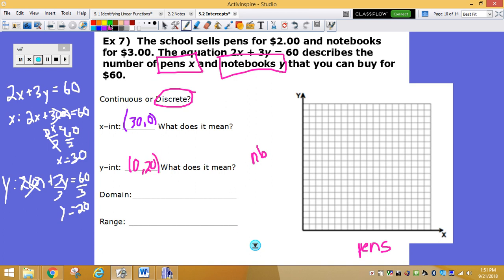So I need to get bigger numbers, okay? I need to get up to 30 on my x, so I'm going to go by 2s. So I'm going to do 2, 4, 6, 8, 10, 12, 14, 16. I still don't have enough. All right, just kidding. Let's go up by 3s.